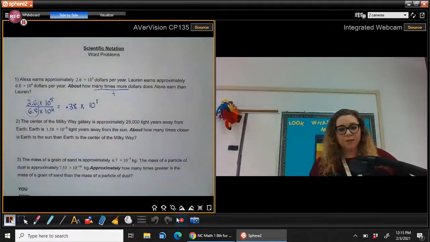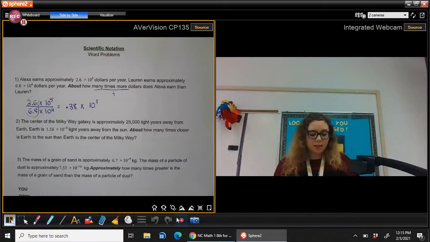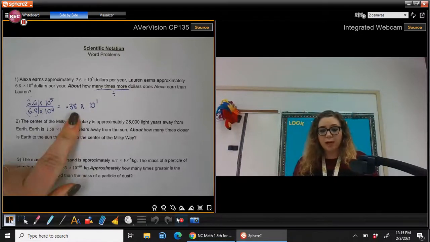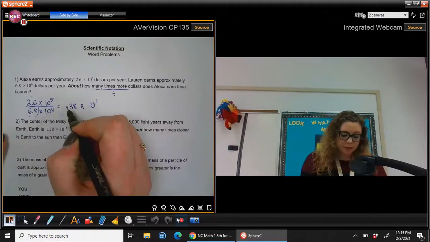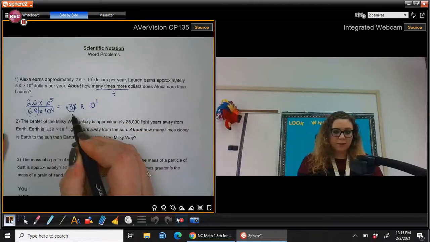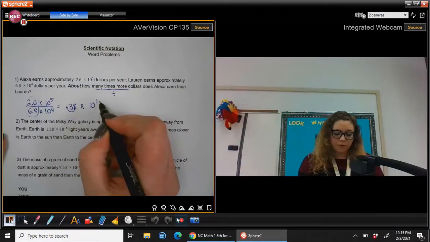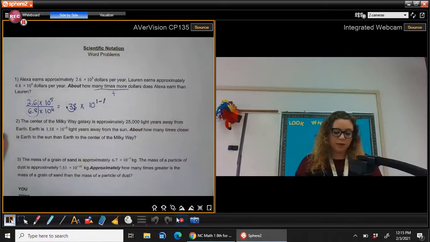Now we have to see, is this in scientific notation? Is this number between 1 and 9.9? No, it is not. So we have to move the decimal places until it gets that way. So we move it 1 time to the right. Okay, so I would have to adjust, and I would have to subtract 1 from the exponent.